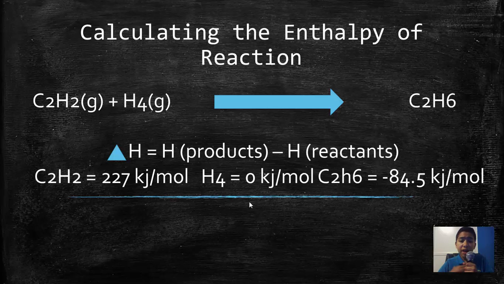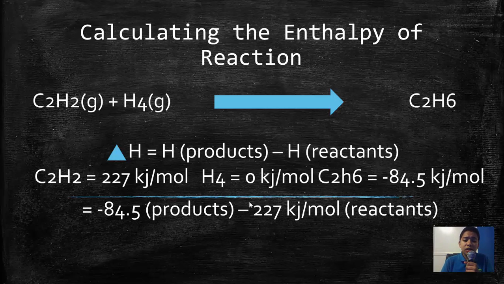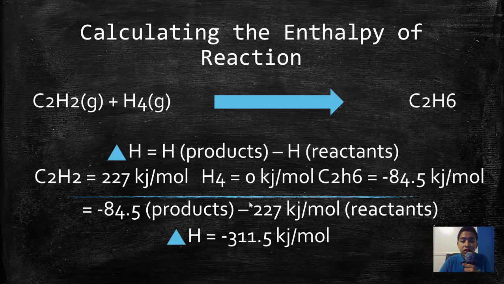So now that we have this information, we can solve. Negative 84.5, which is the products, subtracted by 227 kilojoules per mole, the reactants, is going to give us a total of negative 311.5 kilojoules per mole, which is the change of enthalpy.